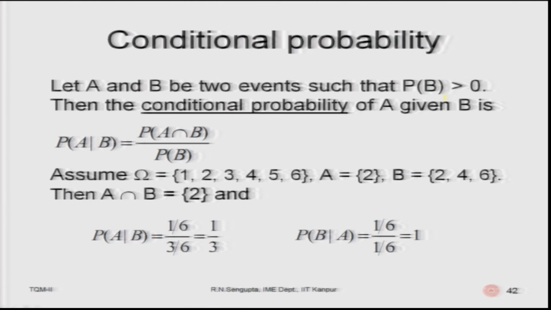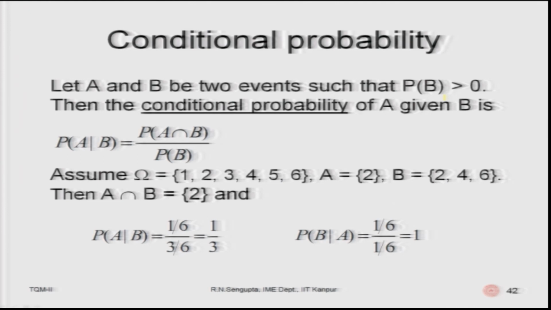Assume the universal set is again the rolling of an unbiased die, and the numbers are, as I mentioned, 1 to 6. Now I define event A as the even number 2 and B as the set of all the even numbers between 1 and 6, which is 2, 4, 6. If I find the intersection of A and B, it is 2.